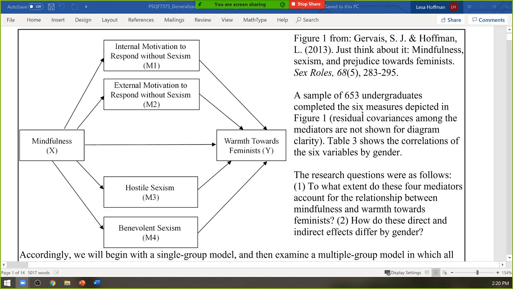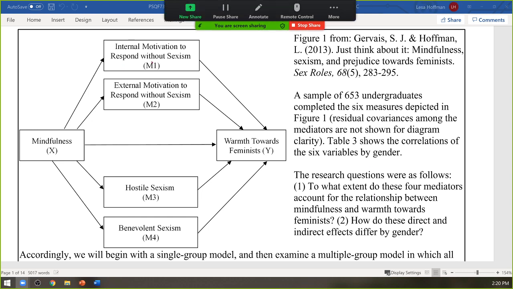This is a colleague and friend of mine at the University of Nebraska, Sarah Gervais, and she had submitted this paper that is based on this path model right here. Sarah knew what she knew in graduate school, and so the way that she attacked this problem is to do like 7,000 regressions to try and figure out all of these paths, right?